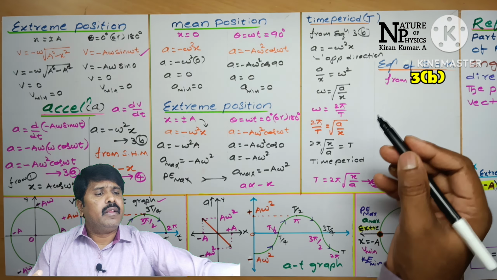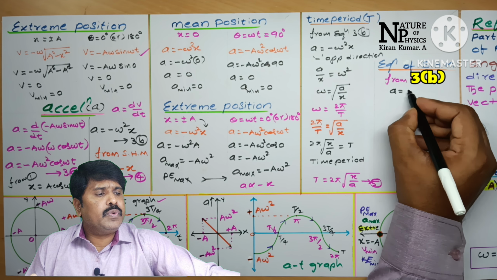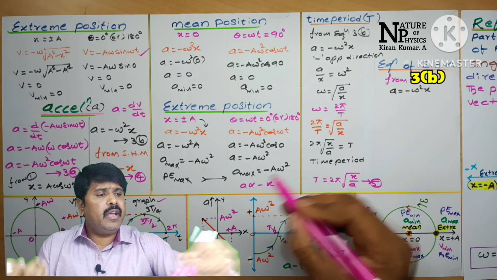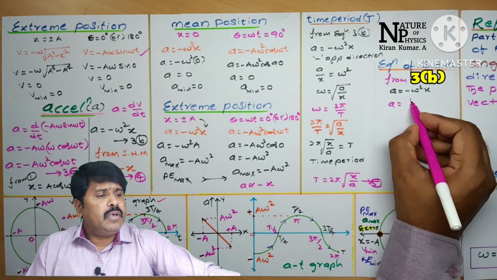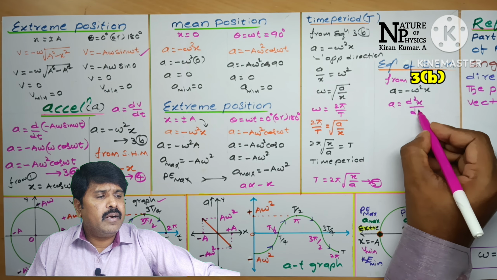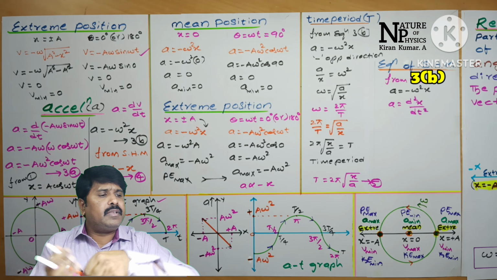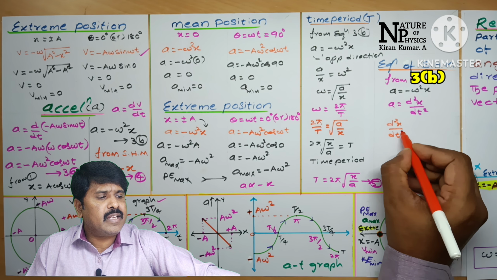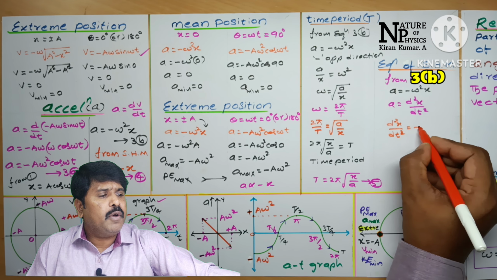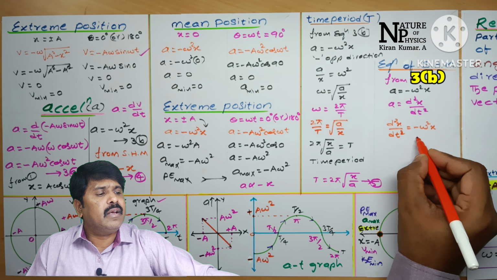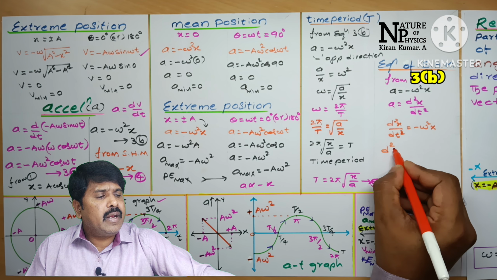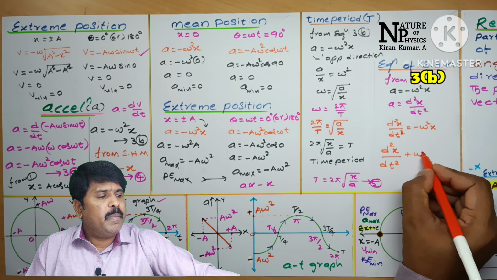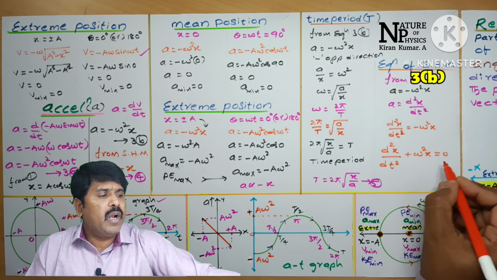Okay, see there, that is a, which is equal to minus omega square x, so that acceleration a, which is equal to d square x divided by dt square, so that d square x divided by dt square, which is equal to minus omega square x, so that d square x divided by dt square plus omega square x, which is equal to 0.